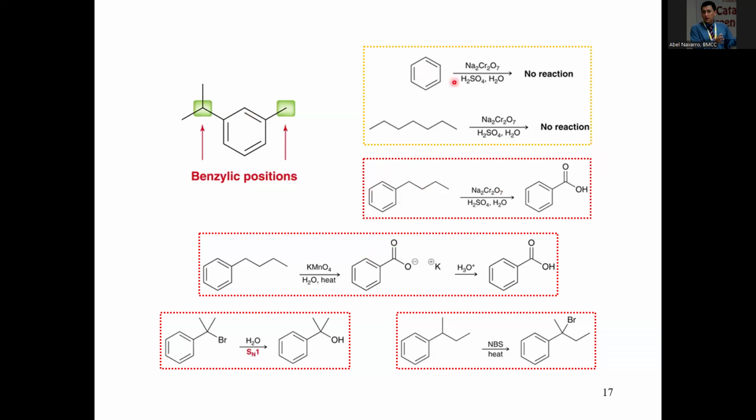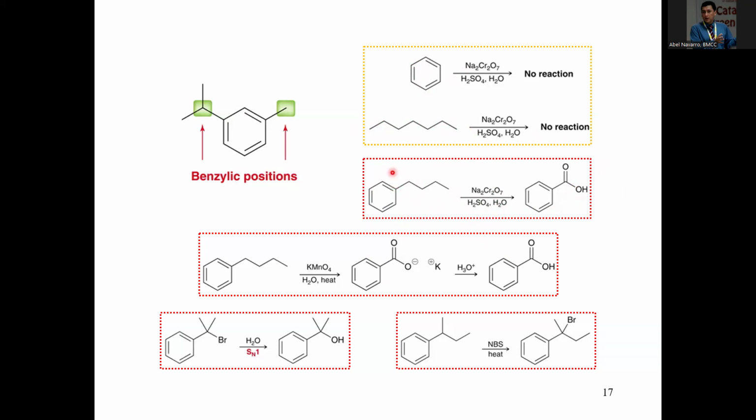But what happens when we have this side chain attached to the benzene ring? Does it get oxidized? Yes, it does get oxidized to a carboxylic acid. Professor, here this side chain has seven carbons. This one has 4. Does the length of the side chain matter? No, the length of the side chain does not matter.